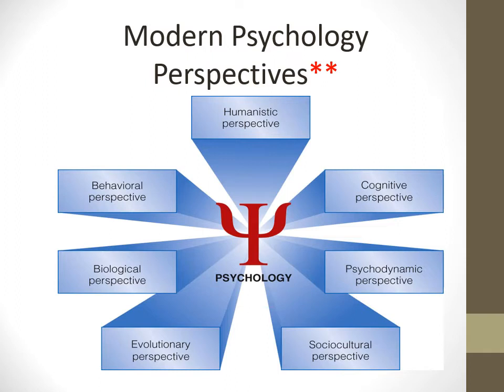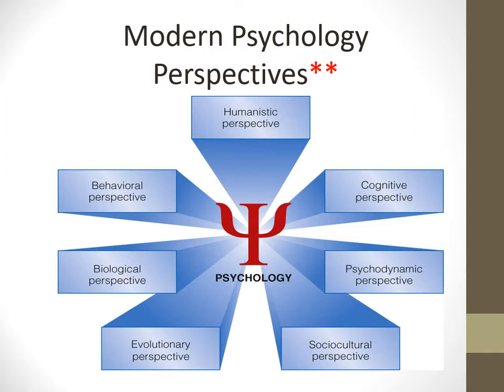Sociocultural perspective focuses on societal and cultural factors that influence behavior. So think about how other cultures think of a reflexive behavior like a sneeze. Not all sneezes are looked at the same way they are in our culture. The humanistic perspective focuses on a view of self and world-influencing behaviors.